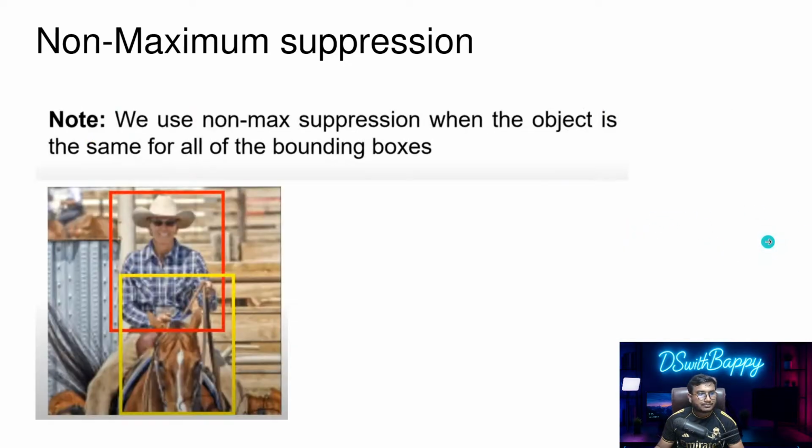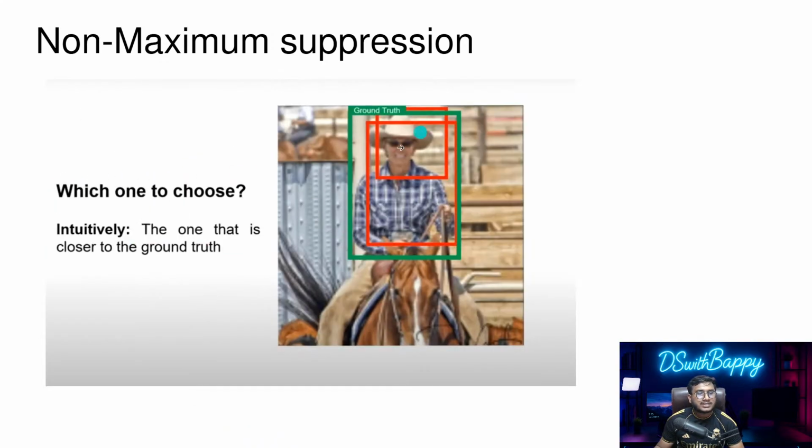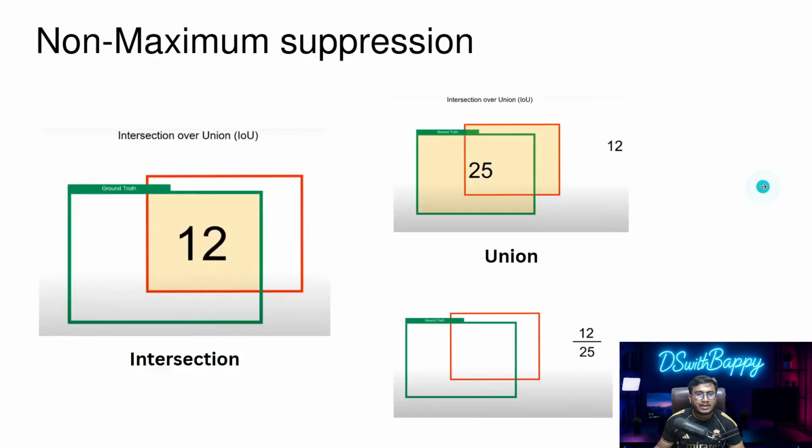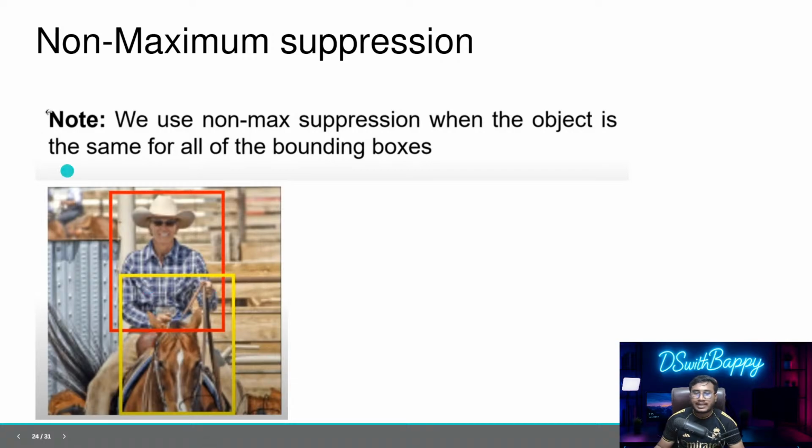Okay. But see, there is a note. We use non-maximum suppression when the object is the same for all the bounding boxes. So whenever your object is the same, let's say in this scenario, all the detections are detecting the same object. That's why we can apply non-maximum suppression. But whenever you have multiple detections on top of multiple objects, that time you can't use non-maximum suppression because now you have different objects.